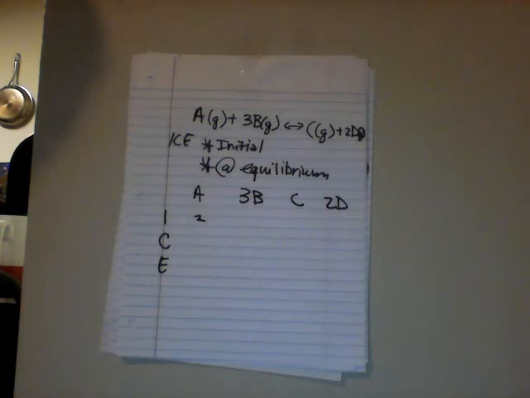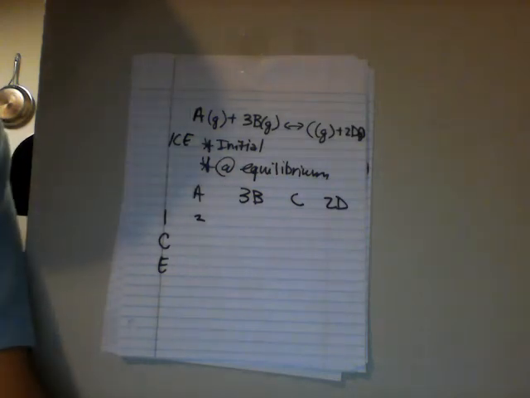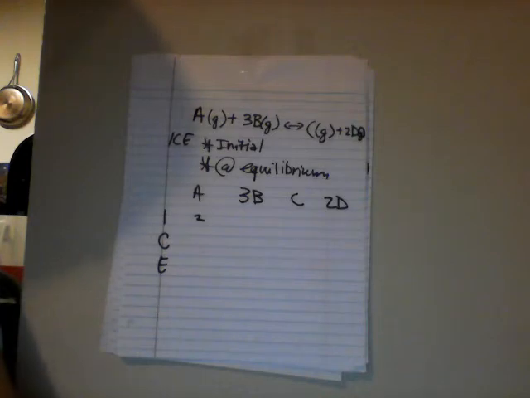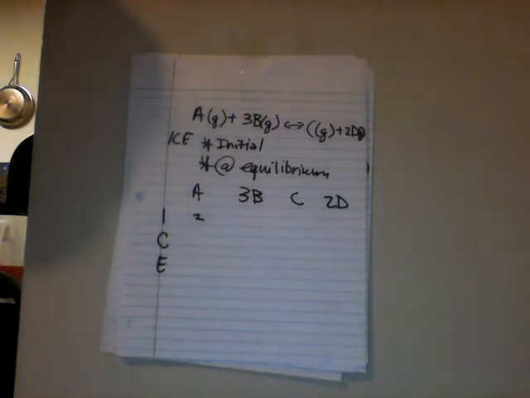What are normally in ICE charts? We normally only have either concentrations or, now this will change once you get into more complicated versions, you either have concentrations or you have pressures. I have these values in moles, so they need to be put into concentrations.